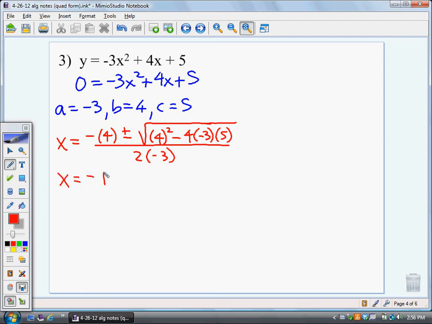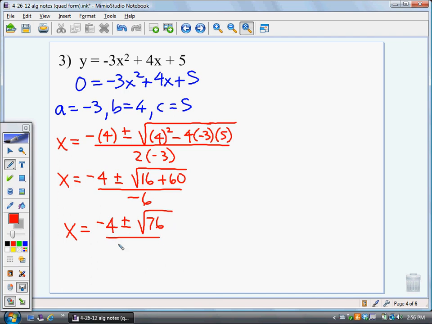So it's going to be negative 4 plus or minus. In here we'll have 16, and it's going to be 60 again, so plus 60, and this will be negative 6 again. So negative 4 plus or minus square root of 76 all over negative 6.